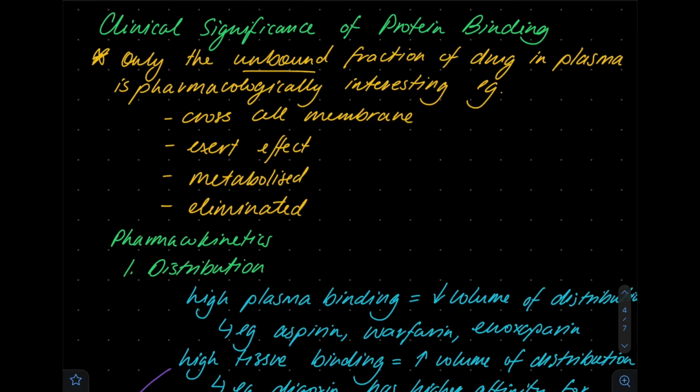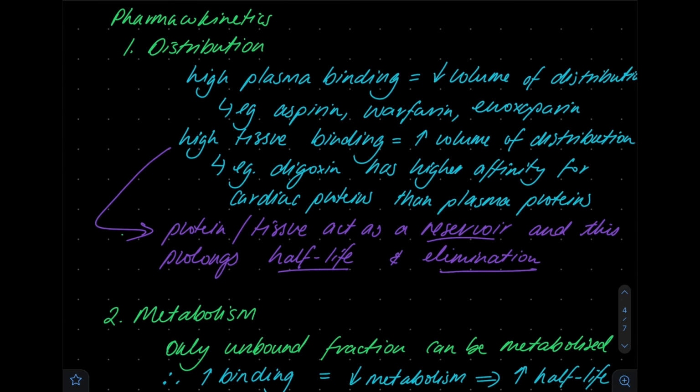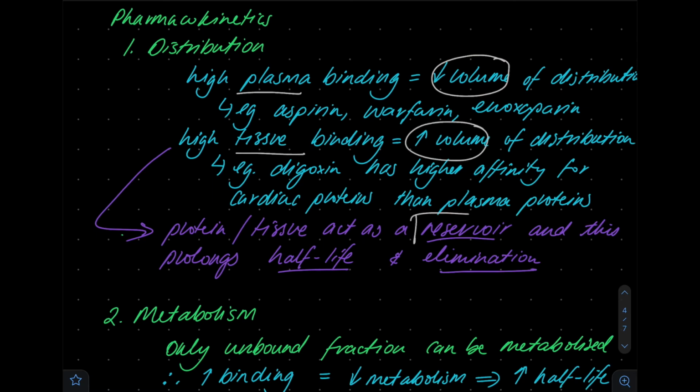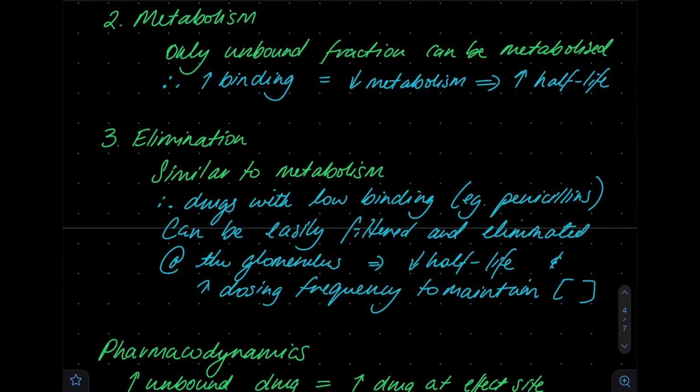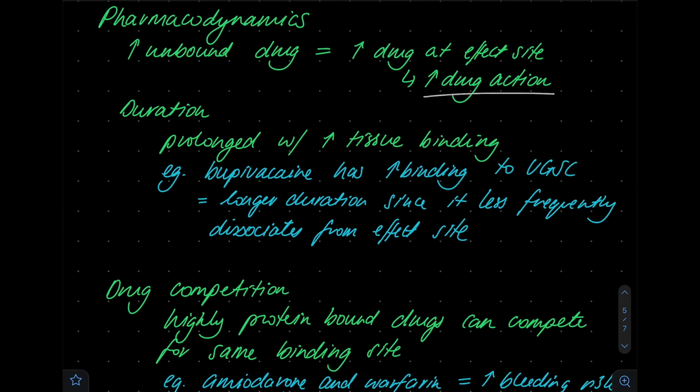We talked about the clinical significance of protein binding and that only the free, unbound drug is pharmacologically interesting. We then broke the clinical significance into pharmacokinetics and pharmacodynamics. In terms of pharmacokinetics, protein binding can affect drug distribution depending on whether the drug binds to plasma or tissue proteins. The body is only able to metabolize and eliminate the free, unbound fraction of a drug. In terms of pharmacodynamics, the unbound drug can exert an effect.